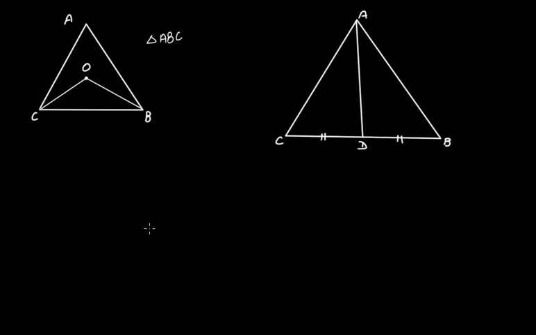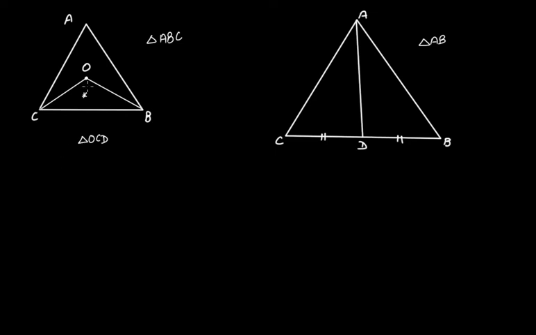Like here, you have triangle ABC, and here you have also triangle ABC. So ABC triangle is a larger triangle, and in both these two cases, you have a smaller triangle lying within this larger triangle. In this case, you have OCB. Even in this triangle OCB, the same property will hold true.